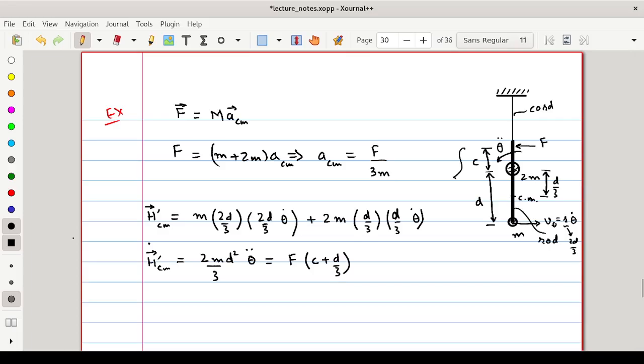Basically this distance. And from this I can find my value of theta double dot. Okay, so thank you.